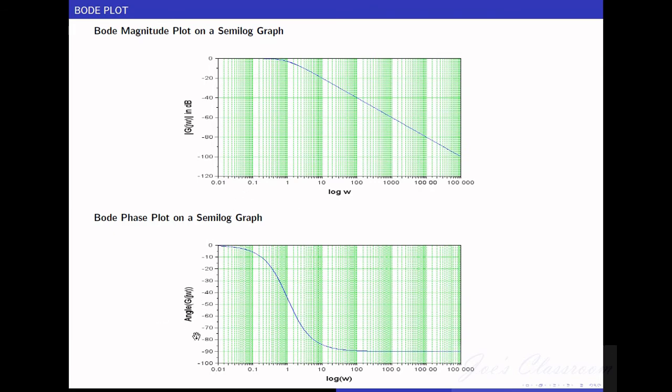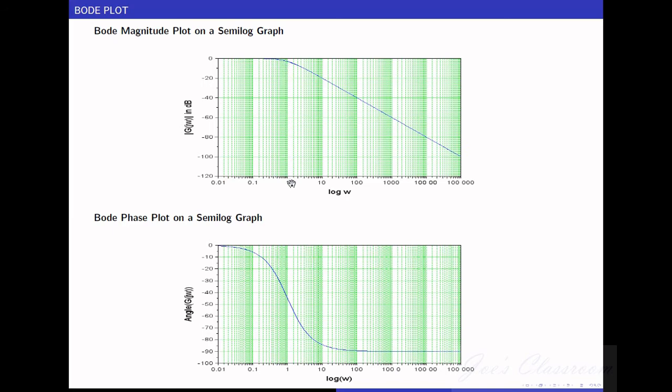This Bode plot corresponds to the first order system which we took, that is whose transfer function is given by G of s is equal to 1 by s plus 1. And what we notice here is up to a frequency of 1 radians per second, the gain is 0 decibels, which means that the gain is almost unity.